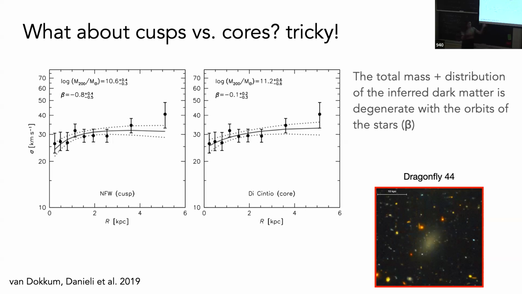This is not a new result. This is known as the mass-anisotropy degeneracy, right? So you can sort of work it out with both models. You just need to change the total halo mass and the anisotropy, which is how much of the velocity component is radial versus tangential. So that's a problem.